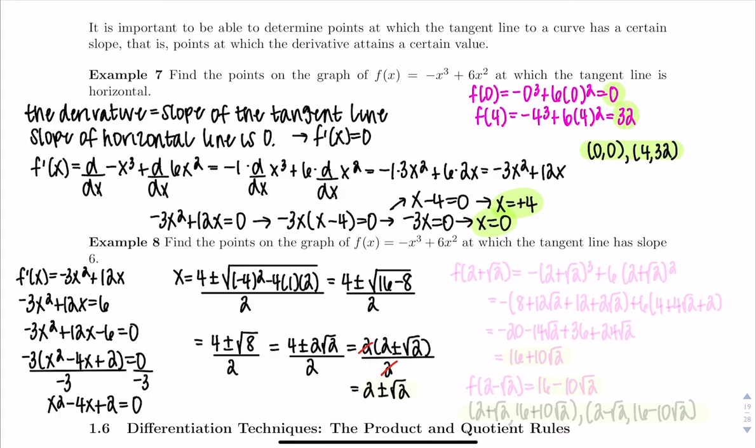So let's plug in the first one, 2 plus the square root of 2. So f of 2 plus the square root of 2 equals negative 2 plus the square root of 2 cubed plus 6 times 2 plus the square root of 2 squared.